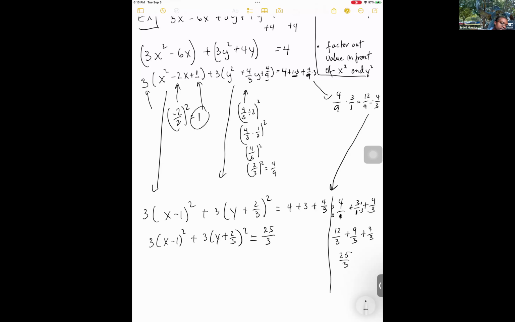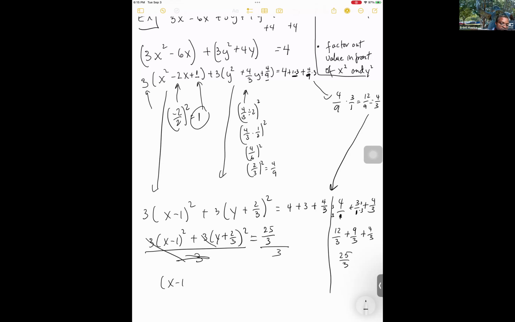And so one step remains. I have to then divide everything by 3. The 3's will cancel. And so that's going to be x minus 1 squared plus y plus 2 over 3 squared equals 25 over 9.